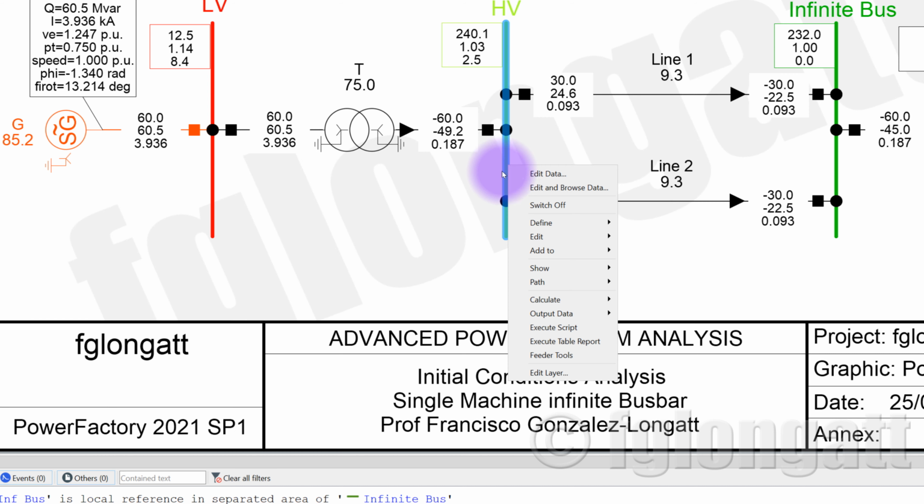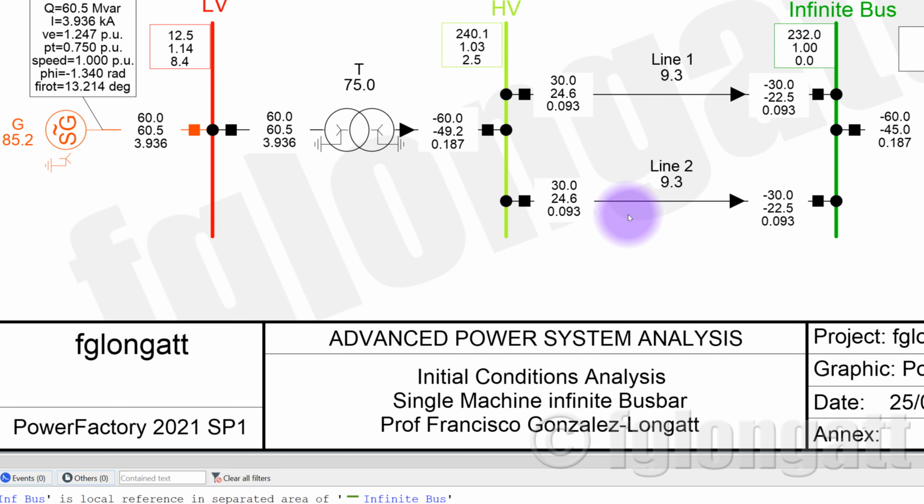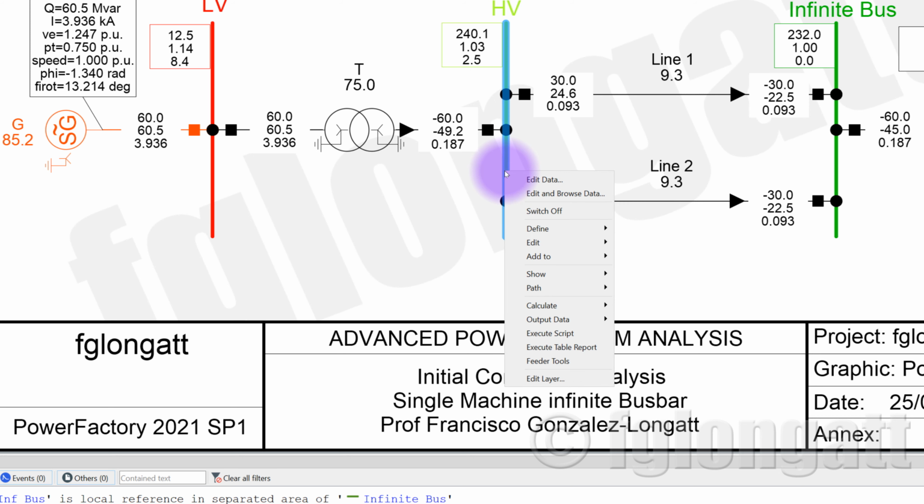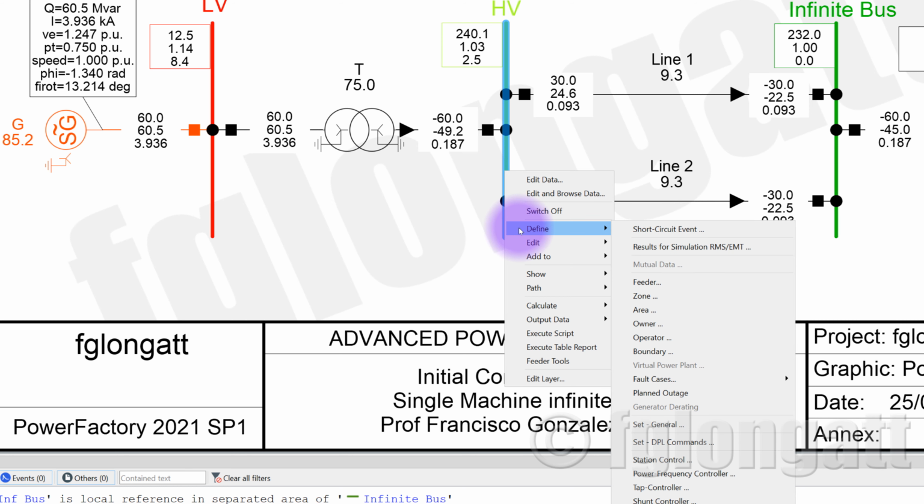I will do it again in slow motion. First step, click at the bus bar HV, then right button, and then from the right button, we will say define, okay?